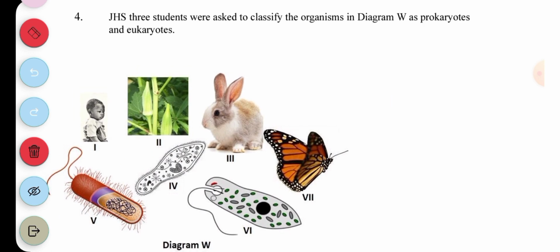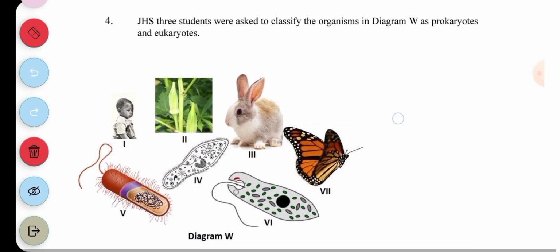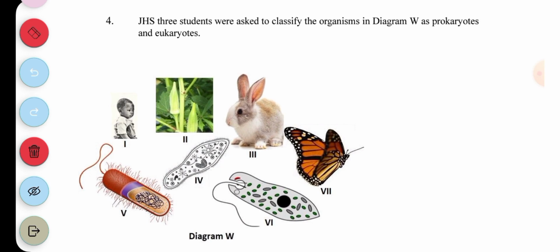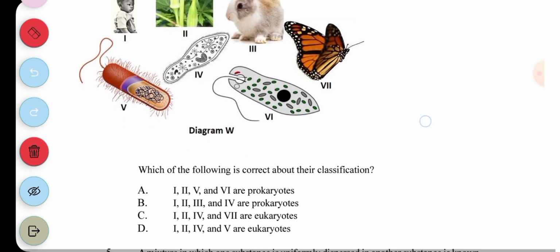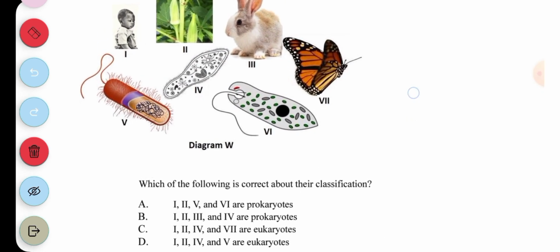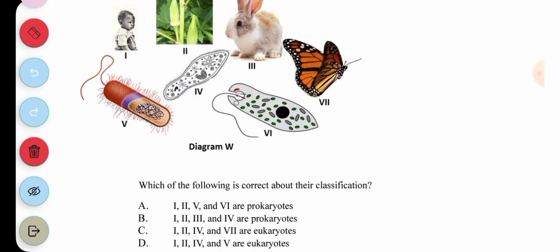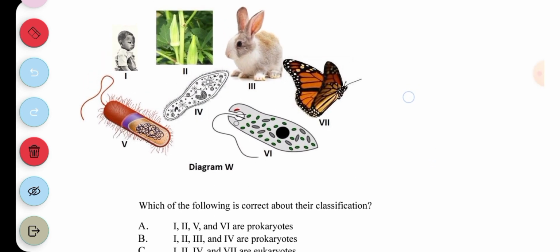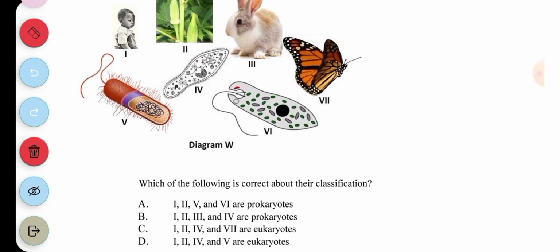GHS 3 students were asked to classify these organisms in diagram W as prokaryotes and eukaryotes. Which of the following is correct about their classification? Looking at them, which of them do you think was done rightly?